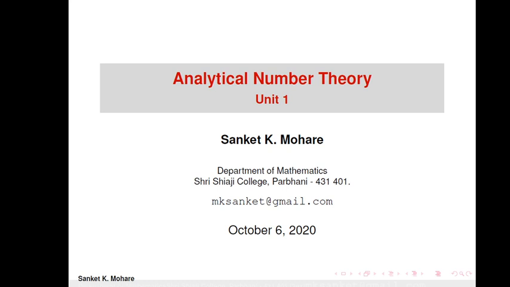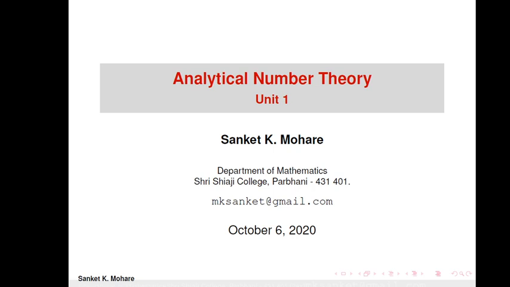We say that a is congruent to b modulo n if n divides the difference a minus b, and we express this difference as a minus b is equal to some k times n. Here a and b are integers, n is a fixed integer and k is some integer.